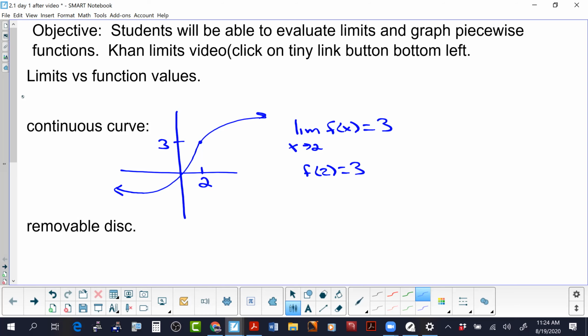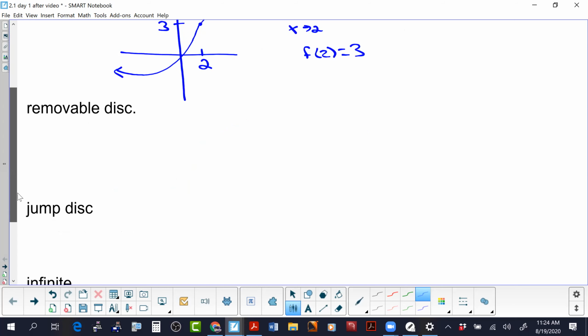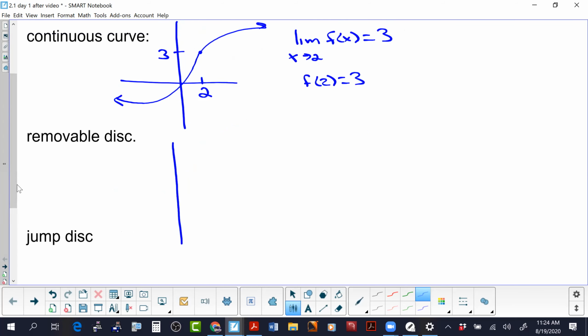Or we can use a similar fashion to prove discontinuity. So let's look at removable discontinuity. What if we had the same point? Same type of curve, except right there, and maybe -4, that's down there. What if we had this situation here?